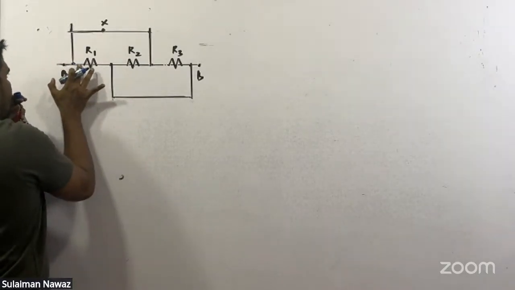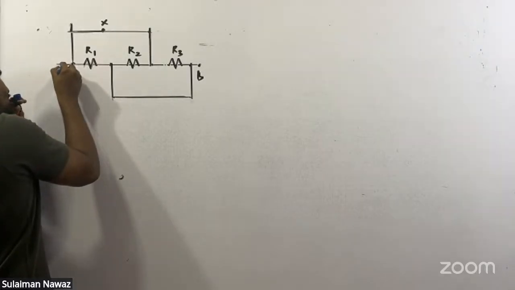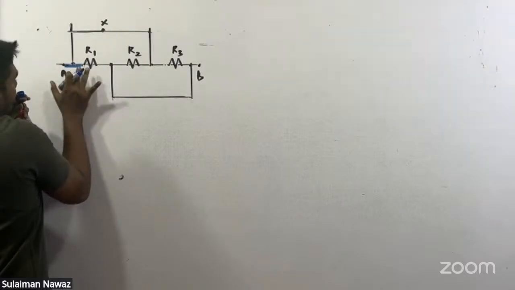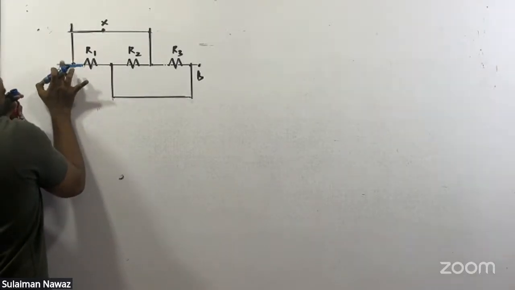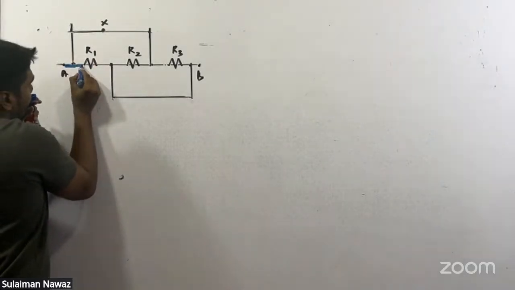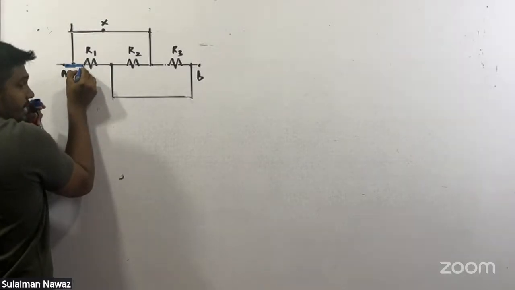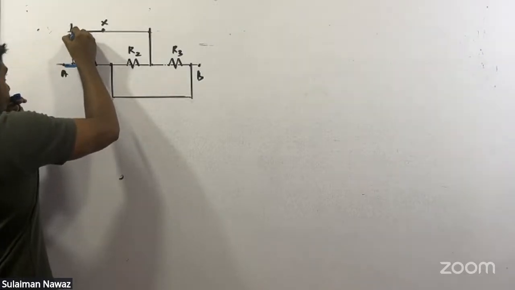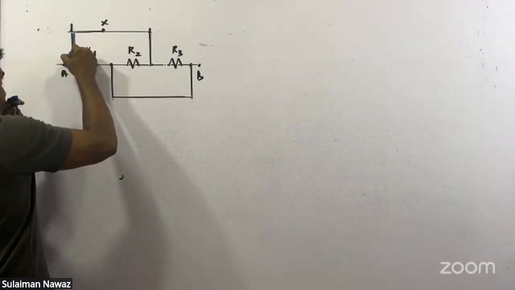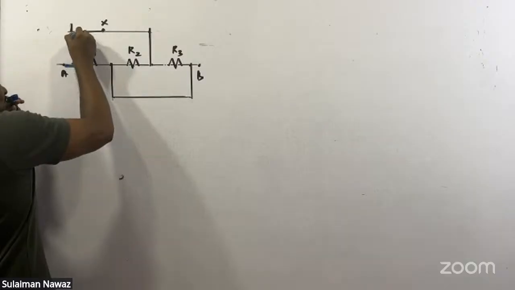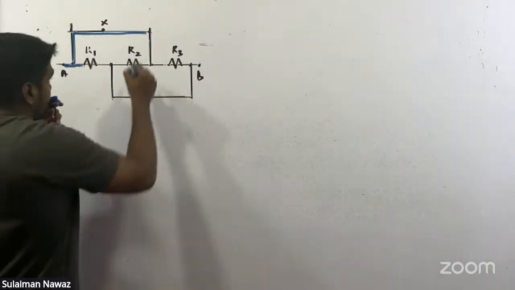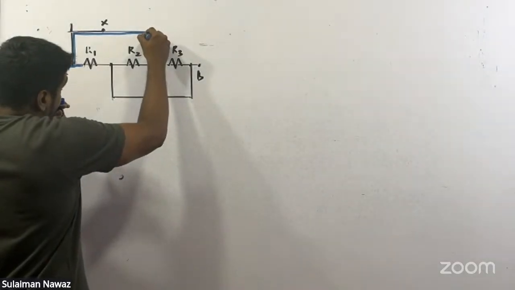Let's consider voltage at point capital A, till it meets resistance. If I say voltage at point A is 5 volts, what is the voltage at this point nearby the resistance R1? 5 volts. You can color it blue.